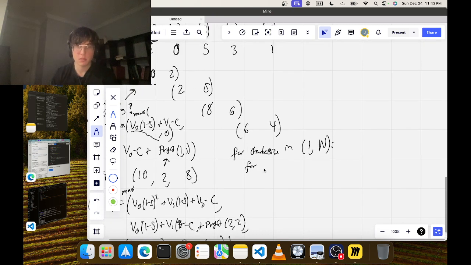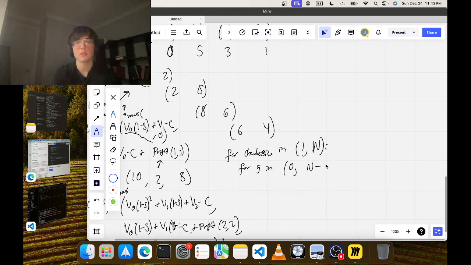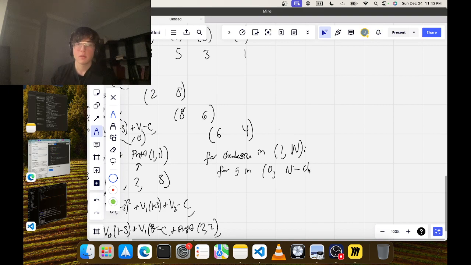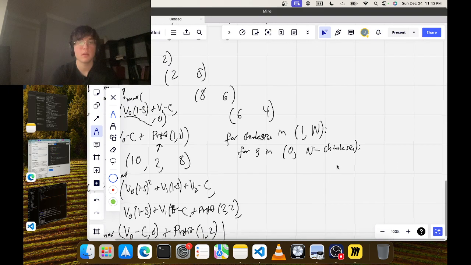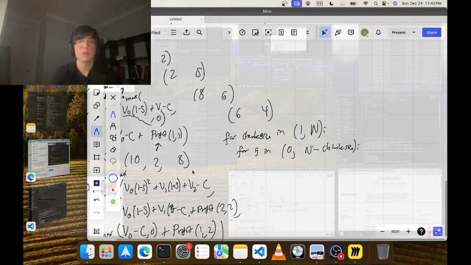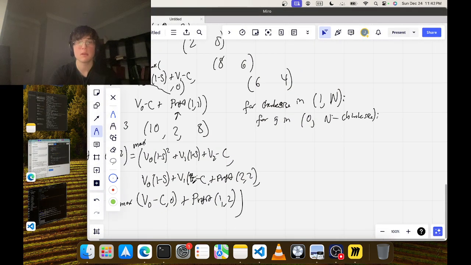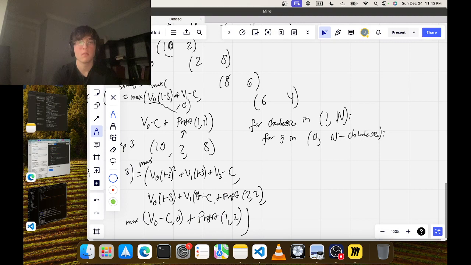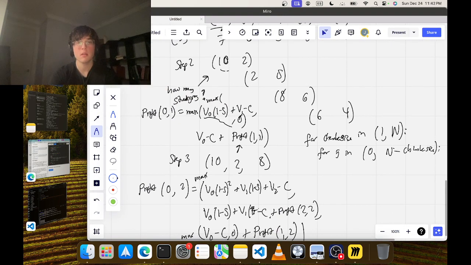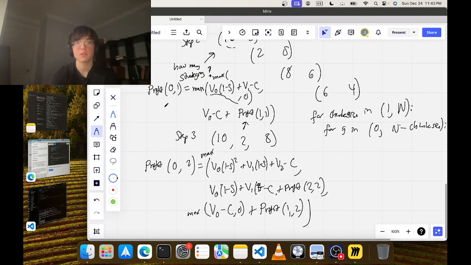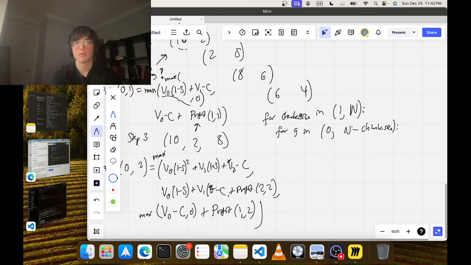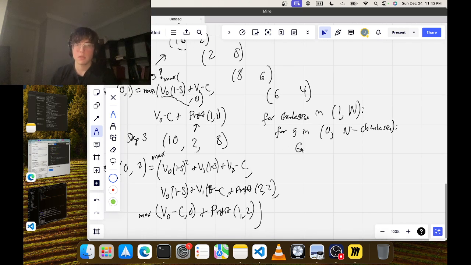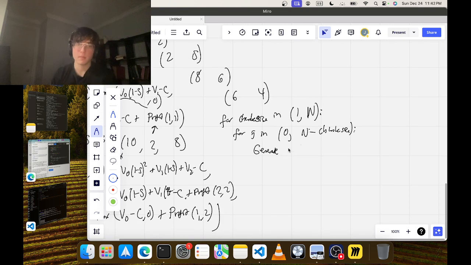So for j in, let's say 0 to n minus chunk size, and then there is also an inner loop here. We need to generate these possibilities. So for a chunk size of 1, there are 2 possibilities. For a chunk size of 2, there's 2 possibilities. So there's going to be generate chunk size possibilities, which is a lot.